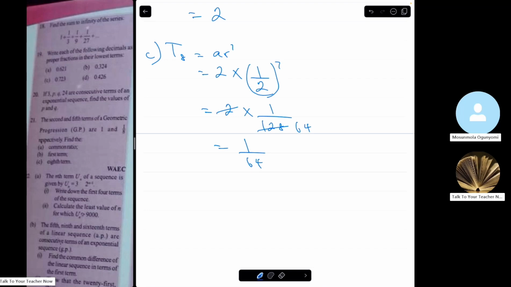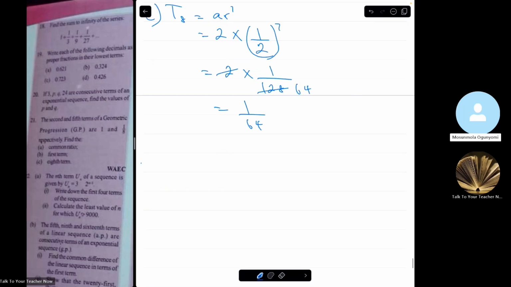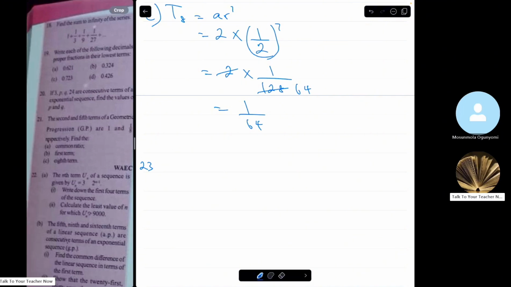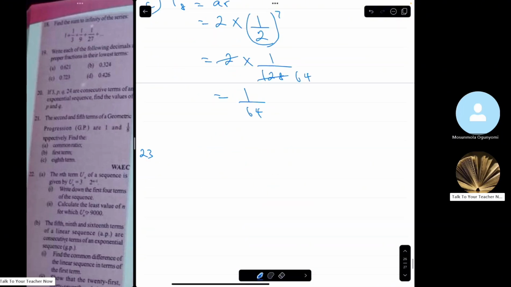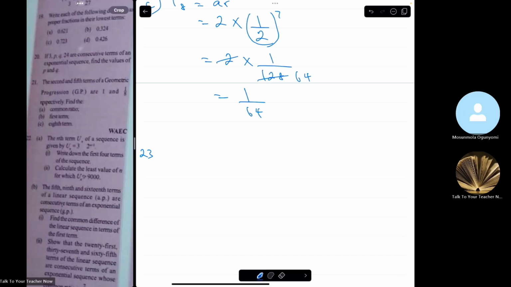So the next number is 23. Yeah, take the question. Give me the question. Have you written this one or you got it? No, I only got the common ratio. Right. So I need to get the first thing. 23. Please scroll down.